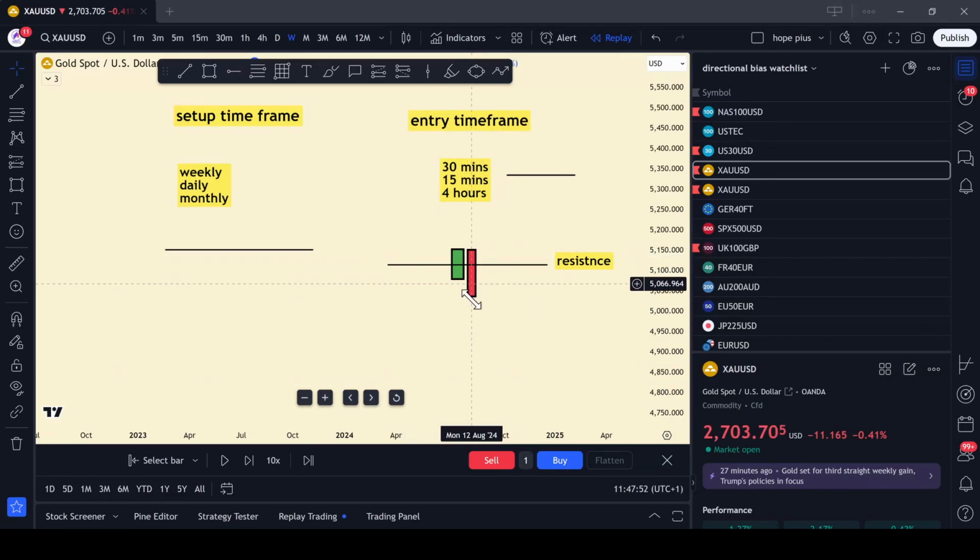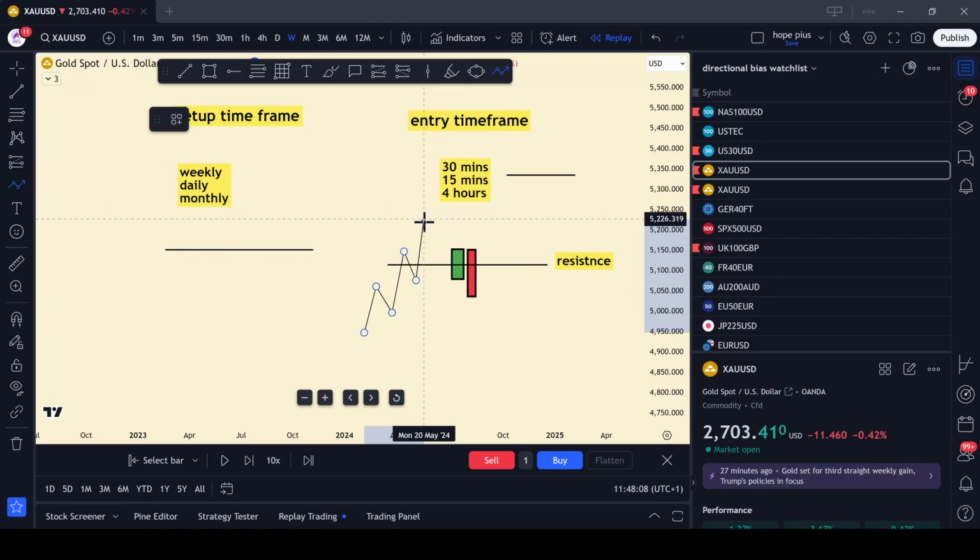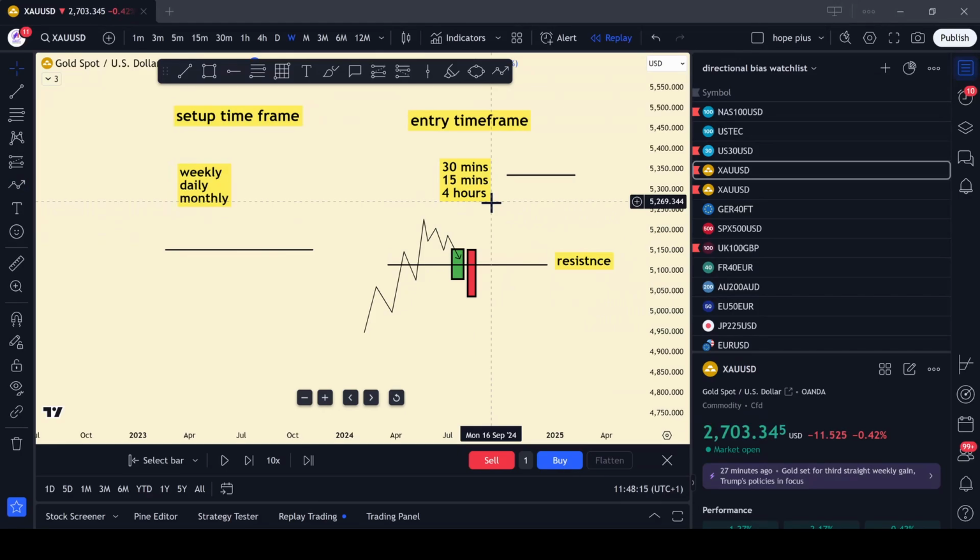Once this candle closes, you take your entry, with the stop loss either above this, or if there's a push higher before this is formed, you can use that last high as your stop loss.